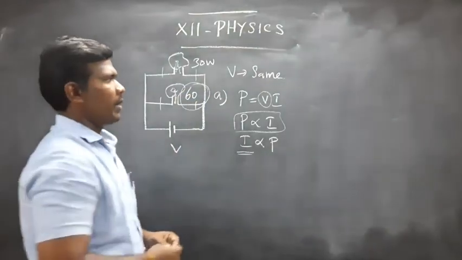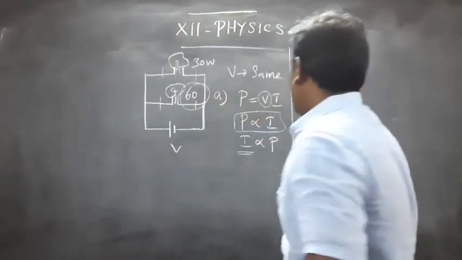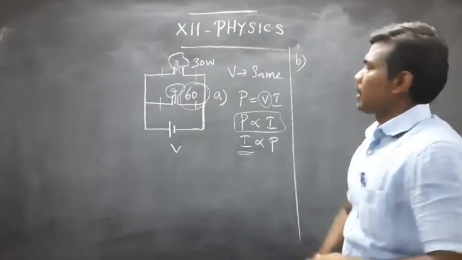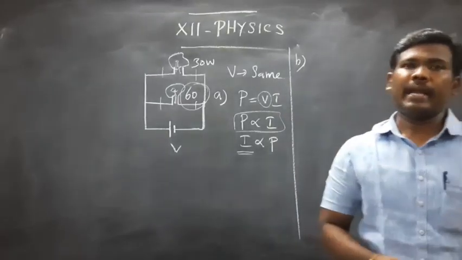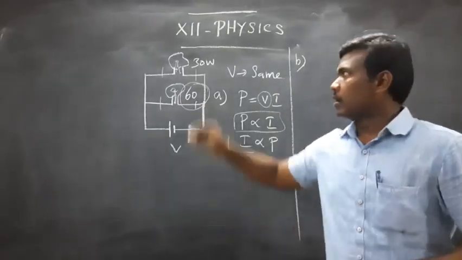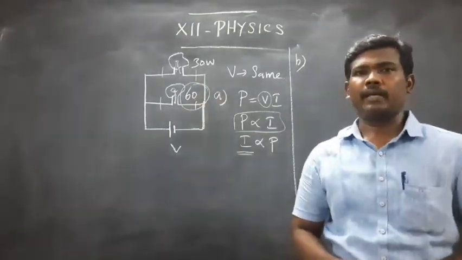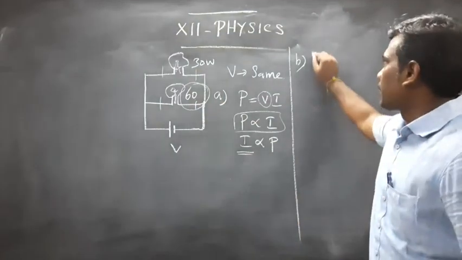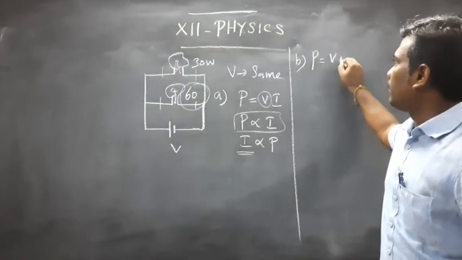Next we are going to calculate part B. We want to find which of the two bulbs has greater resistance. For power we have the formula VI.